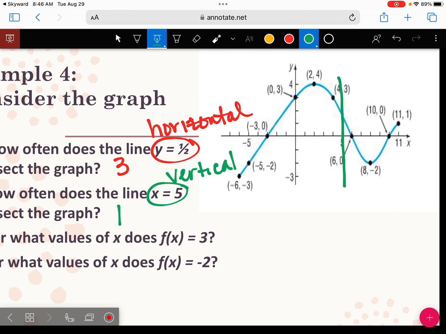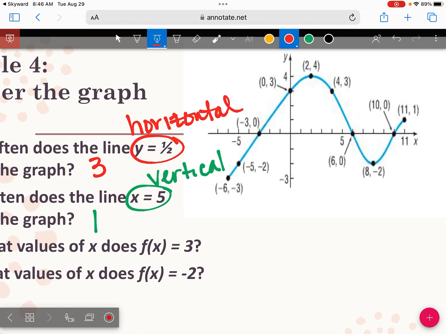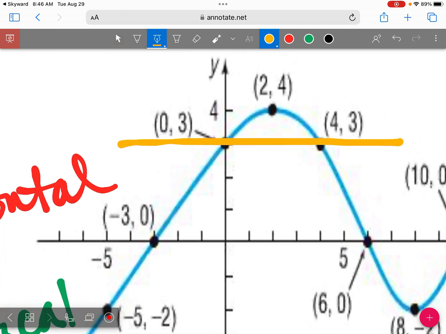Part O is asking, for what values of x is y equal to 3? You can also draw a horizontal line, if that's helpful. If I draw a horizontal line at y equals 3, which would be right there, let me do it in yellow. If I zoom in, at what x values does it intersect?